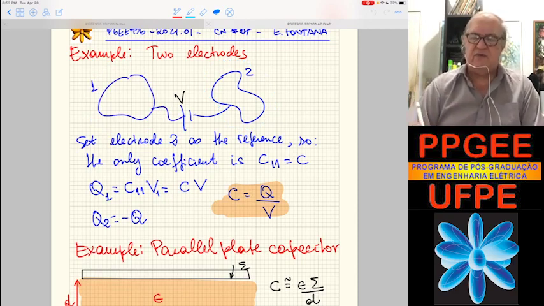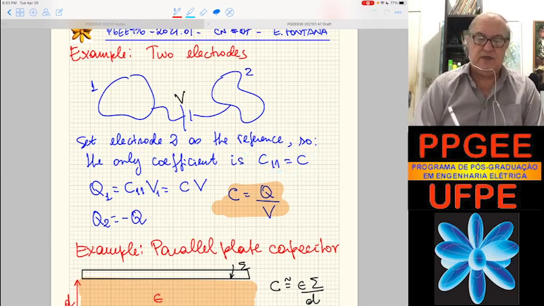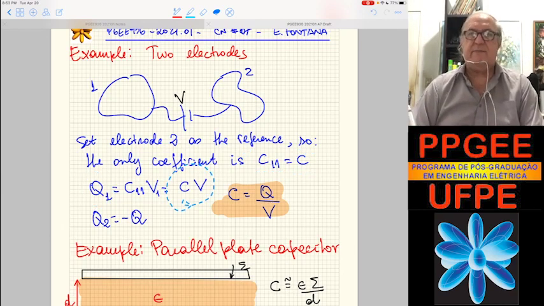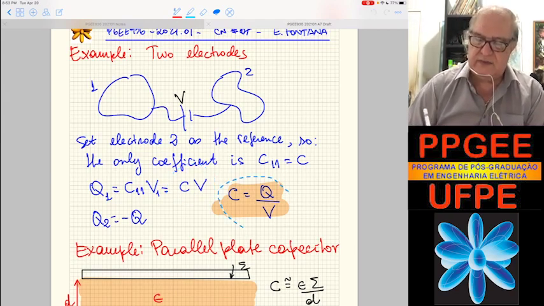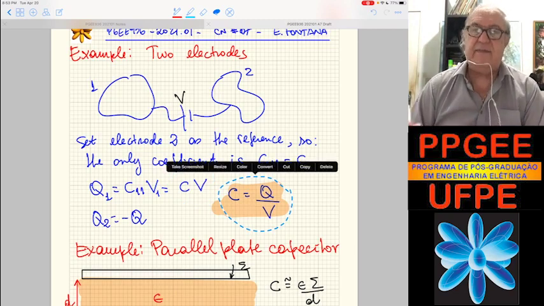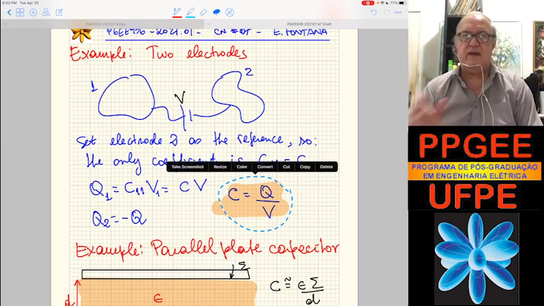So we only have a coefficient which is C11 equals C. So the charge on electrode 1 equals C11 V1 because the second one is grounded. That's called CV. So the capacitance is the charge on the positive electrode, which is a positive number, divided by the potential drop between the two electrodes.